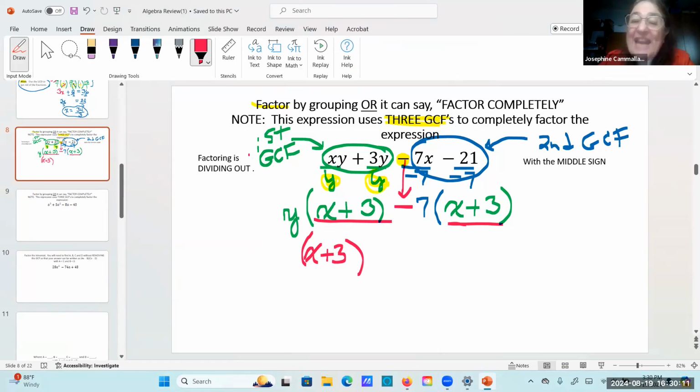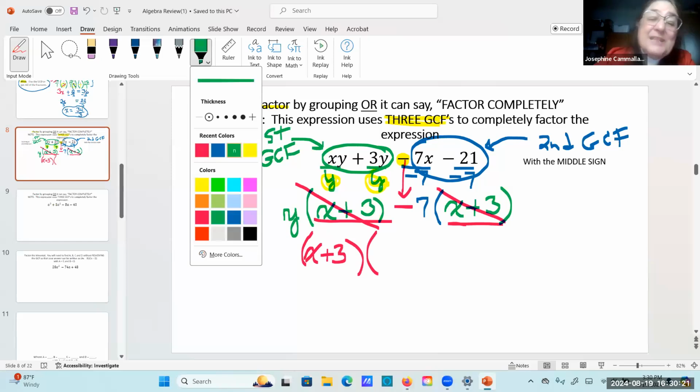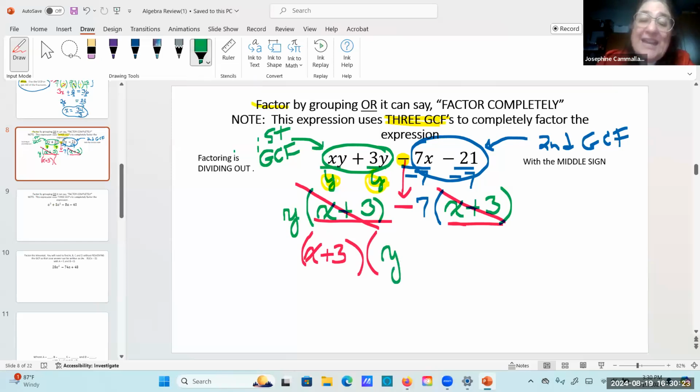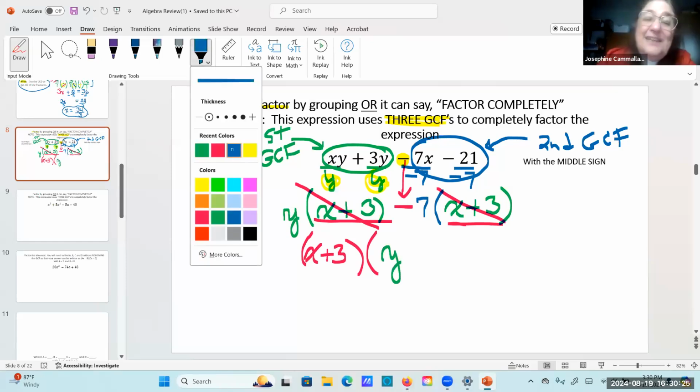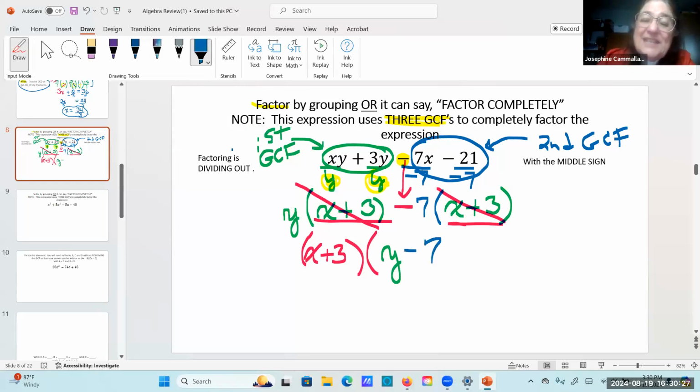Well, if I divide out, basically, I'm getting rid of them. And what's left is my y minus 7. This is my factored answer. I'm dividing out.